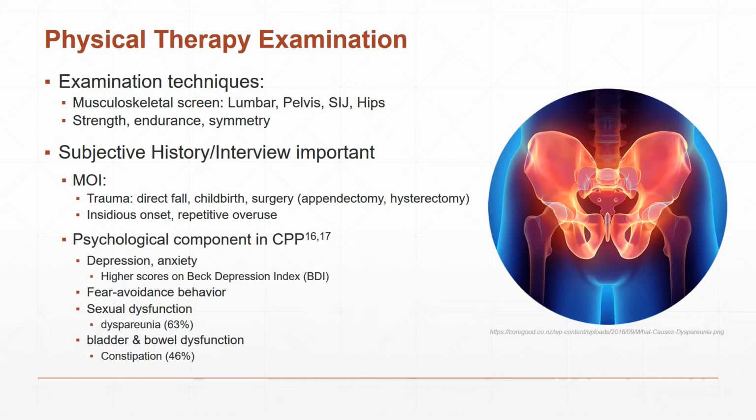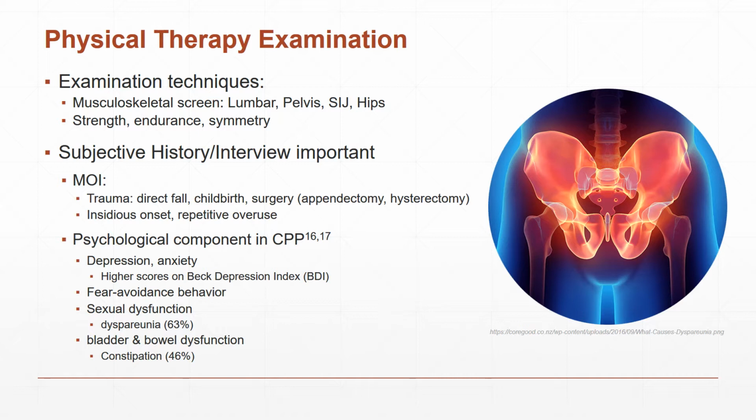Typically in patients with chronic pelvic pain, there's no direct MOI, and they'll say that it started all of a sudden, and they don't really relate it to anything specific. There's also a huge psychological component in chronic pelvic pain. So in these patients, you want to ask about depression and anxiety.